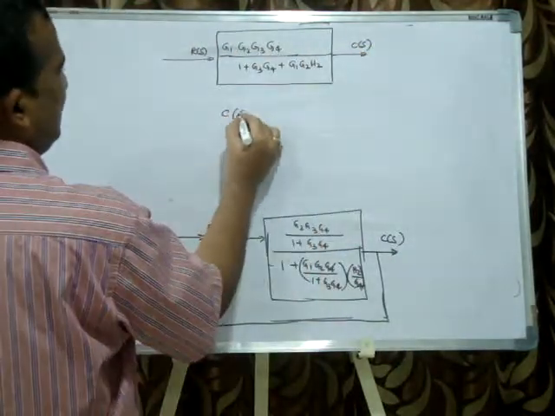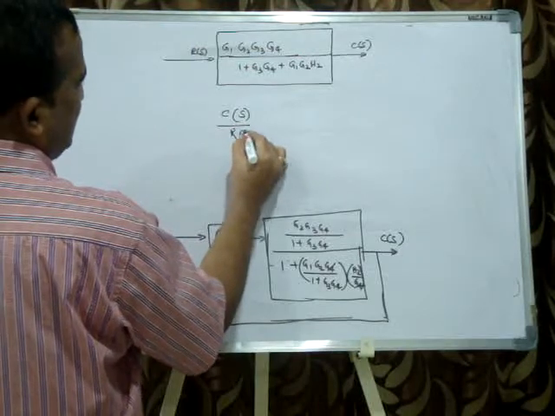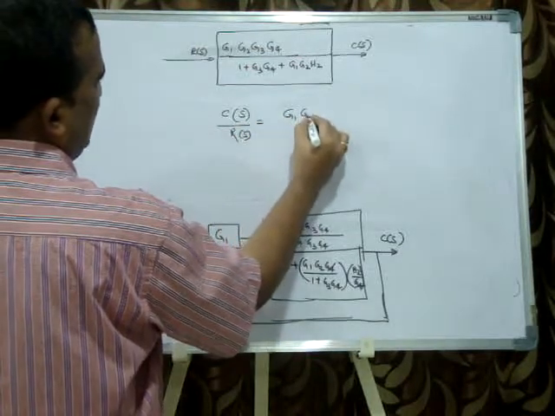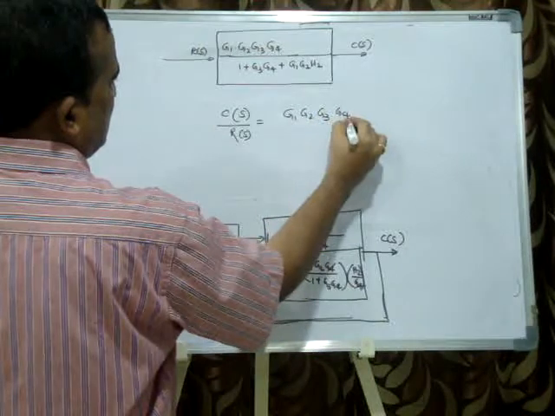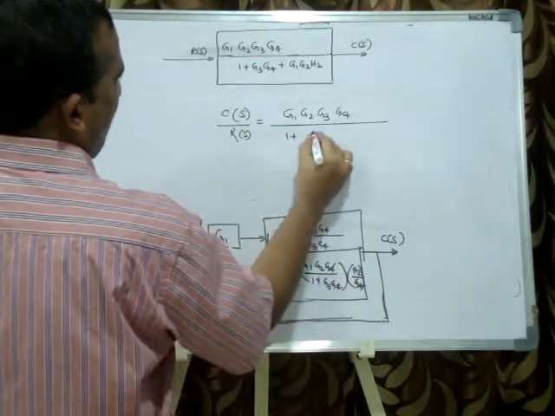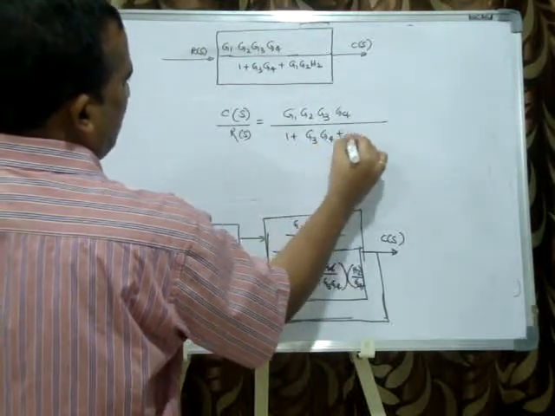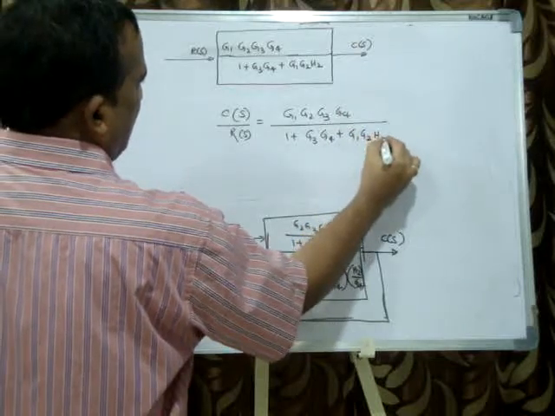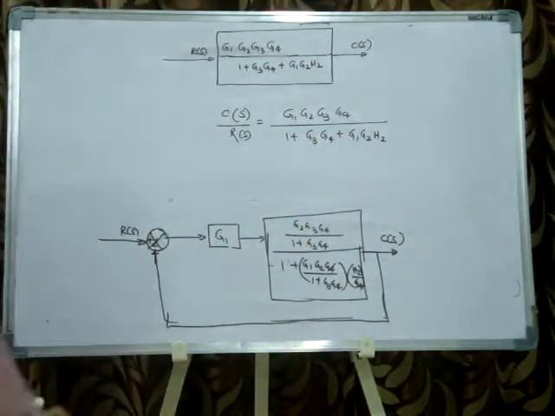So finally C(s) divided by R(s) equal to G1 G2 and H2. This is a final transfer function.